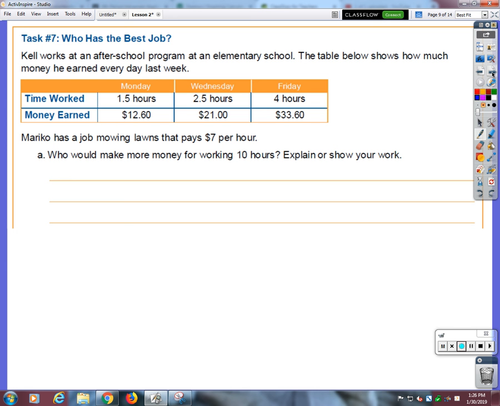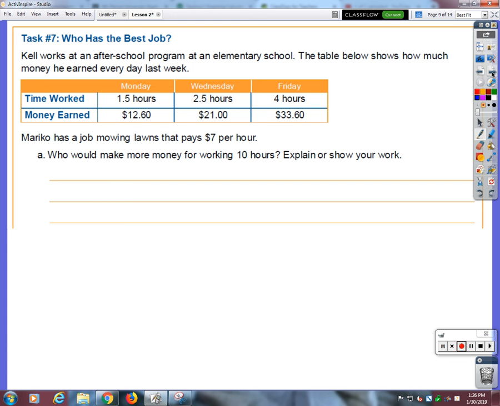Kel works at an after-school program at an elementary school. The table below shows how much money, oh, Kel's a boy, he earned every day last week. So he worked for an hour and a half, got $12.60, 2.5 hours, $21, 4 hours, $33.60. Mariko has a job mowing lawns that pays $7 per hour. Who would make more money working 10 hours?